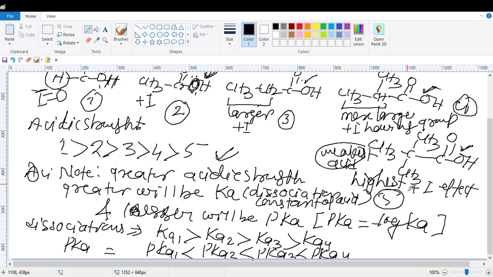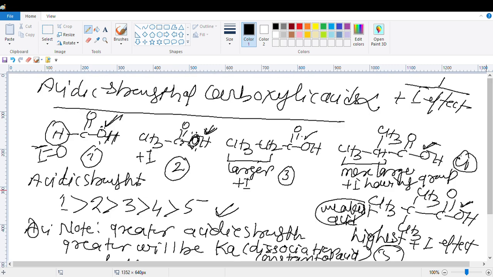So here, what is the role of plus I having group? The plus I having group decreases the acidic strength of carboxylic acid by donating electrons to the oxygen. So as the plus I having group increases, that is, a bulky alkyl group comes, then oxygen will have more negative charge density, and it will make the removal of H positive ion difficult.